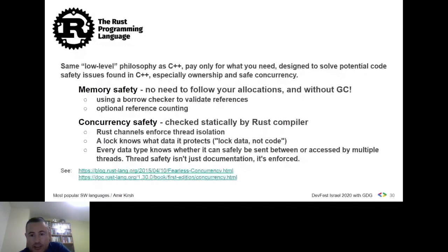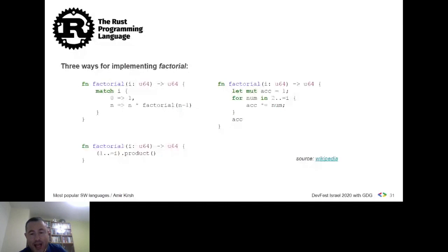You can do very basic things like factorial, as in this slide, which shows 3 examples from Wikipedia. But when you want to say something like, okay, I'm sending you a reference and I want to get back the reference, it becomes quite cumbersome. And you will get compilation errors till you get it right.